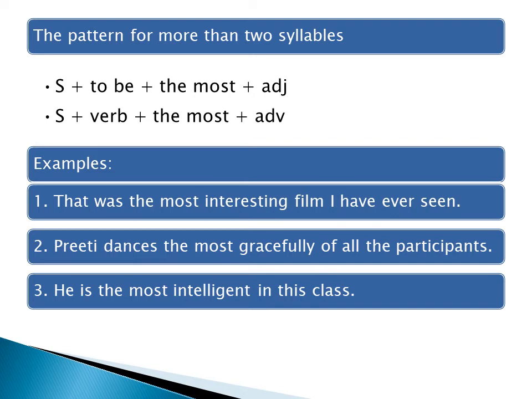Second, Preeti dances the most gracefully of all the participants. Here Preeti is considered superior among all the participants. Third one, he is the most intelligent in the class. That means compared to all the students, he is the most intelligent. Such kind of sentences is called superlative degree.